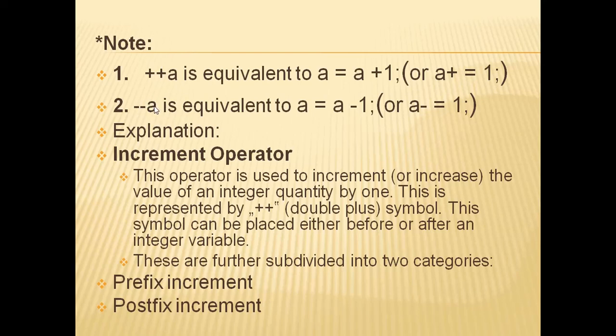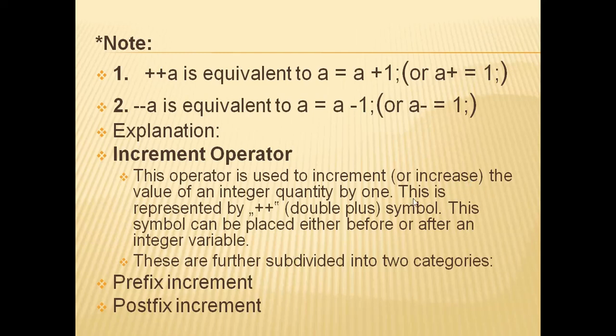It decreases the a value by 1, and this is the same as a minus equal to 1. So minus equal to is the shorthand assignment operator. What this will do is decrease the a value by 1. This is the same as this one.